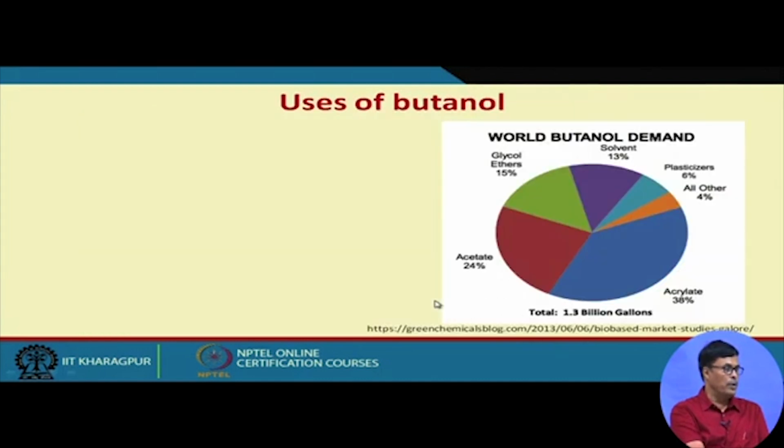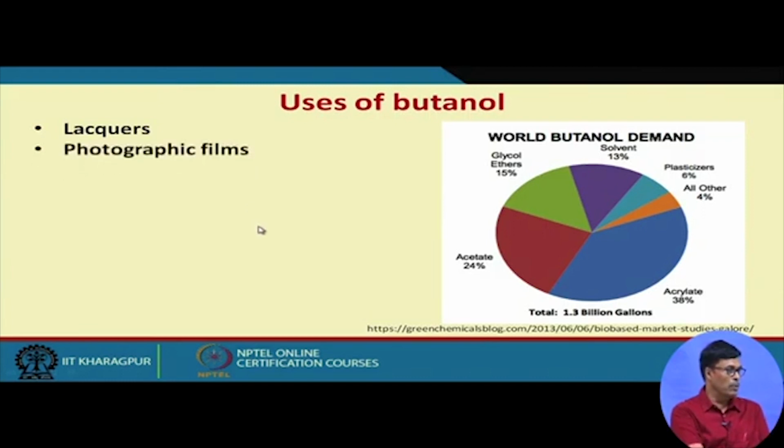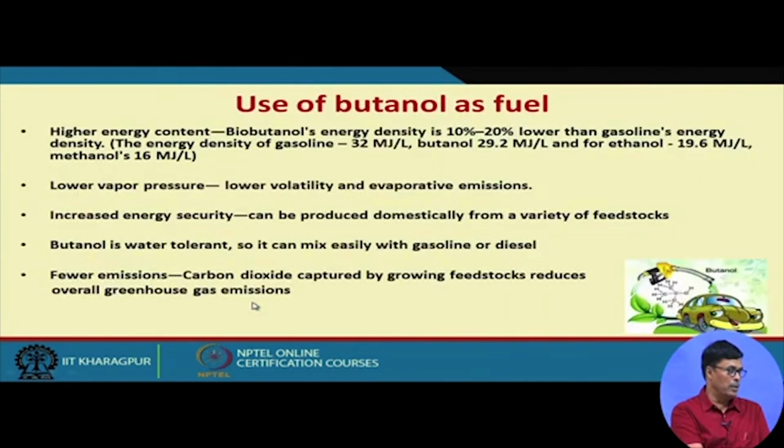Now, if you look at the uses of butanol, it can be used as a lacquer. Then it is used for the production of photographic film, metal cleaner and solvent, drug extract and dehydrator, synthetic resin and plasticizer, and also dry cleaners. So these are the different things that we have.